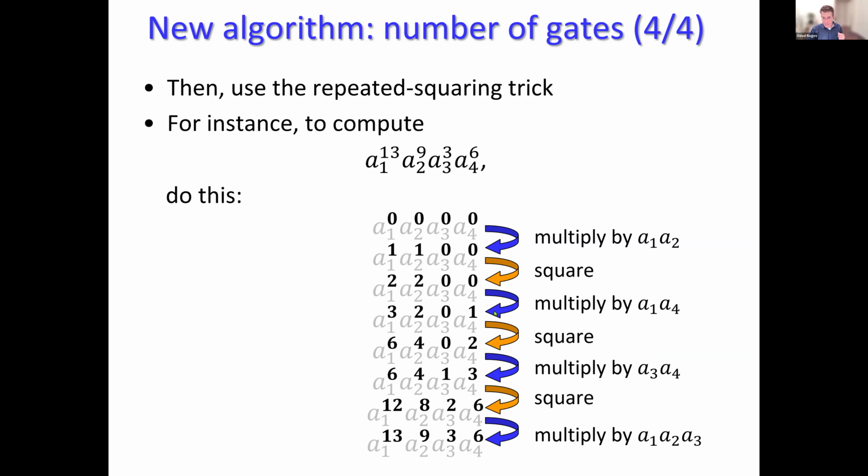And the important thing to realize here is this. Those things I multiply by, I deduce them from the binary decomposition of the exponents. This is where those choices come from. And computing things like a1 a2, a1 a4, or a1 a2 a3 is very fast. It's really negligible here. It's only d gates each time.